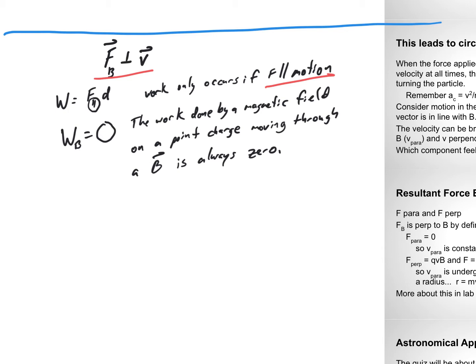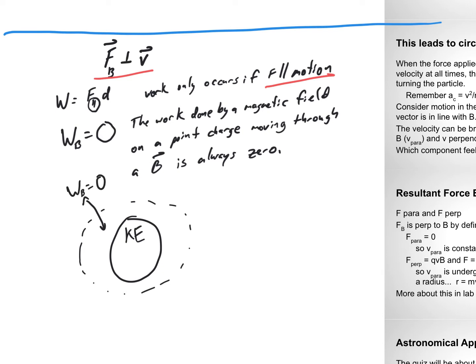What does this mean as far as what the magnetic field can and cannot do? Well, if we look at how much energy is going to be transferred to the kinetic energy by some magnetic field, we already know that the work is going to be zero, so the kinetic energy stays constant. No change, no increase, no decrease.